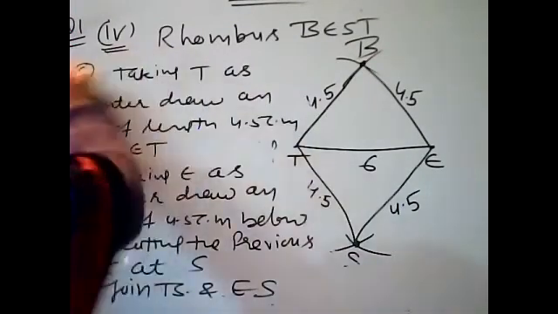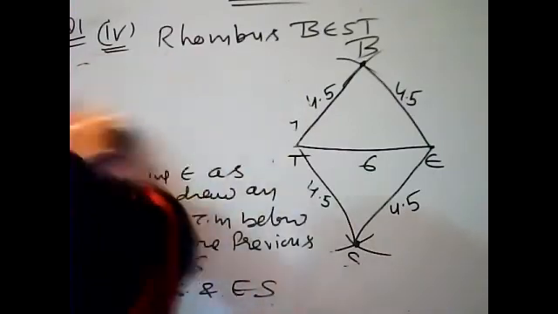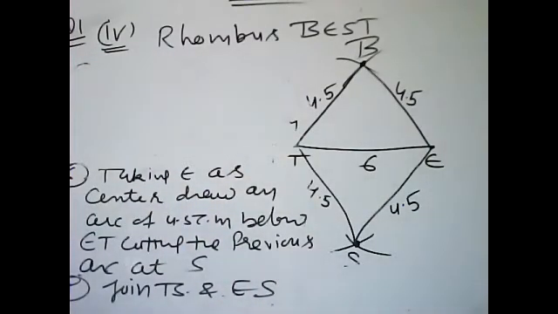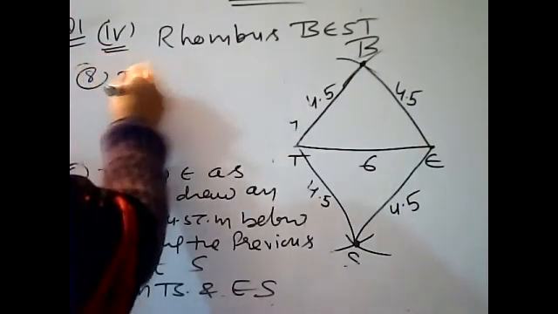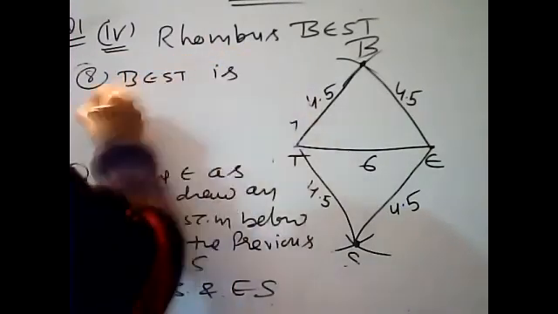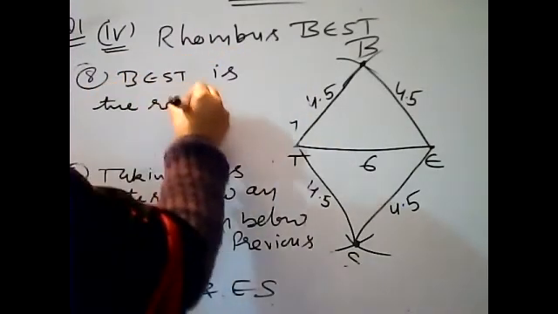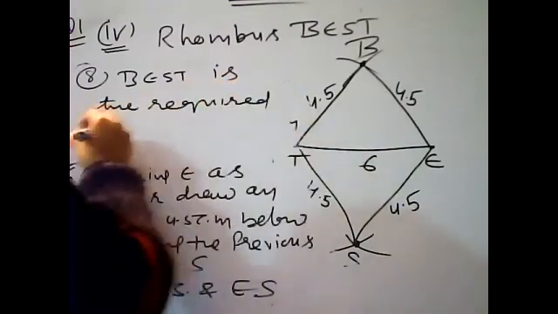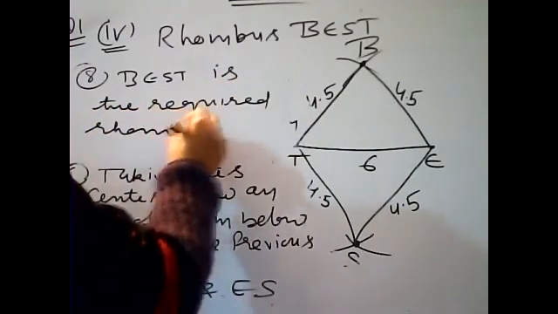Next step 8. BEST is the required rhombus.